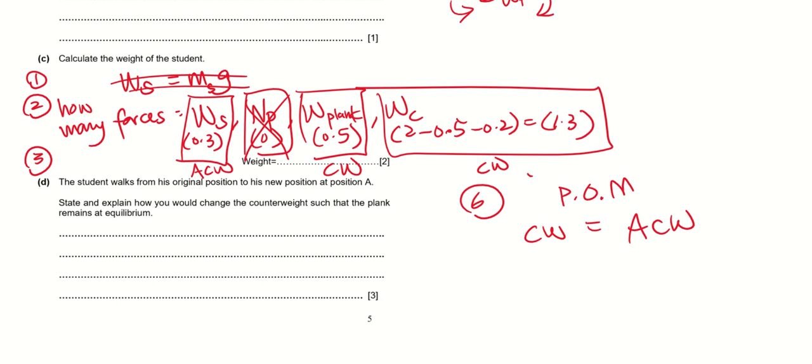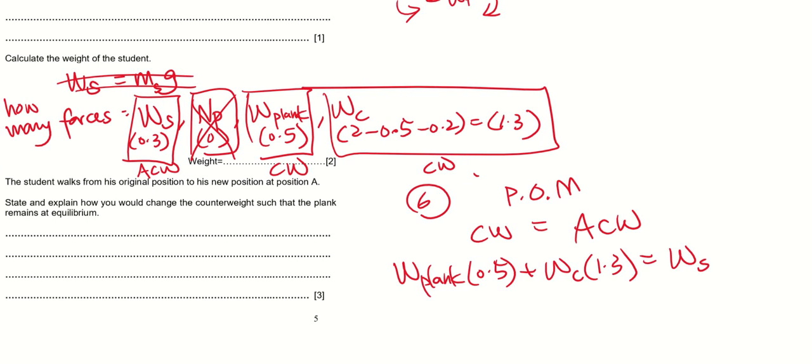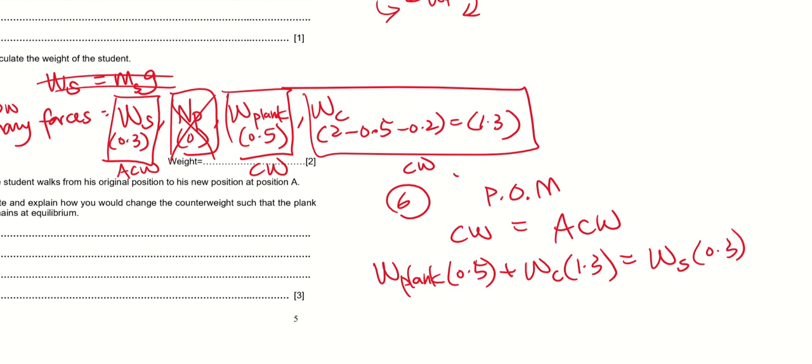So for clockwise moment, there are 2. So it will be weight of plank multiplied by 0.5, and I need to add on weight of counterweight multiplied by 1.3 equals to the anti-clockwise, which is weight of the student multiplied by 0.3. Now weight of student is the one that we want to find.